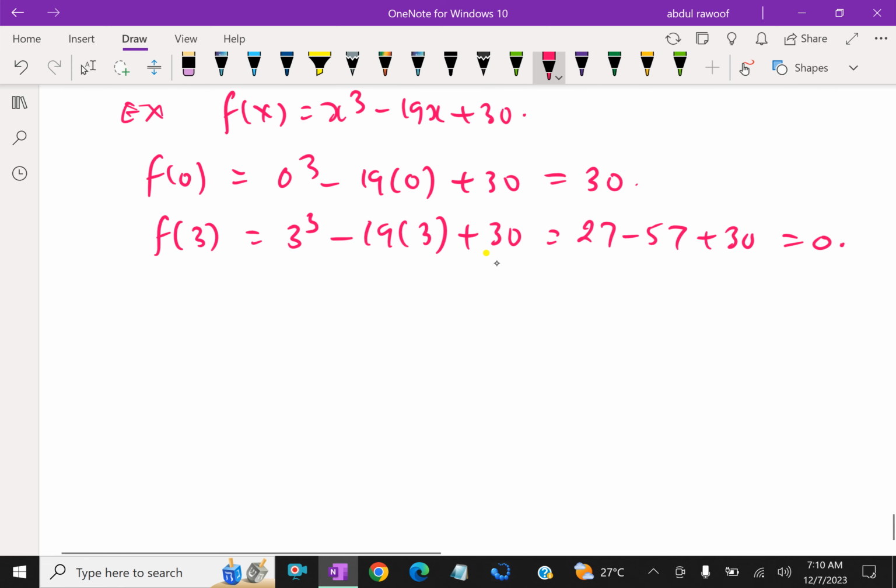Here, by the factor theorem and remainder theorem, we got the remainder is 0.